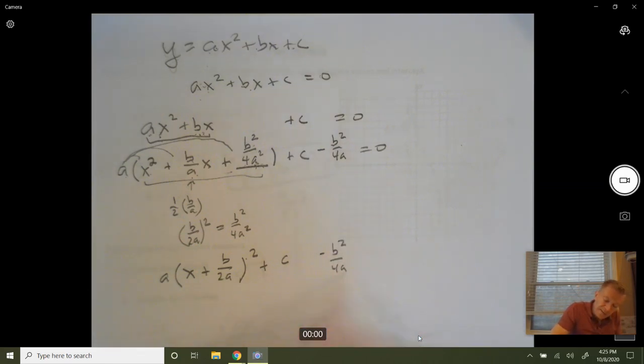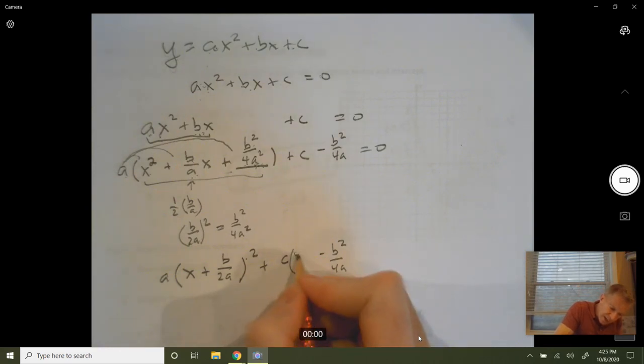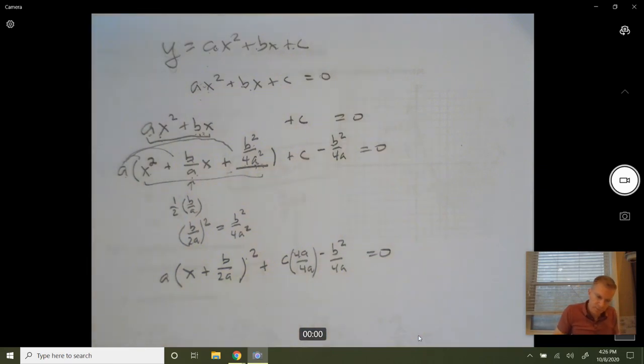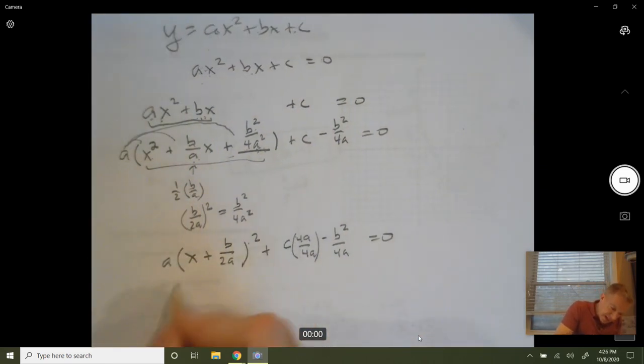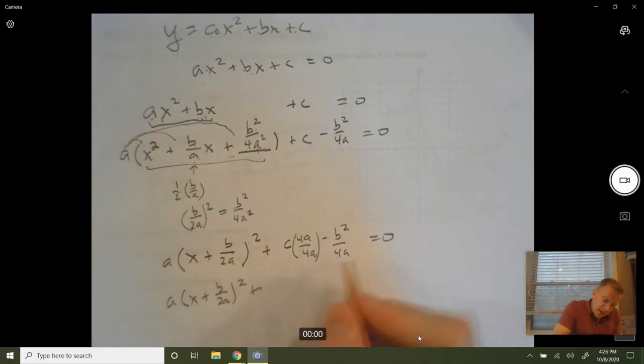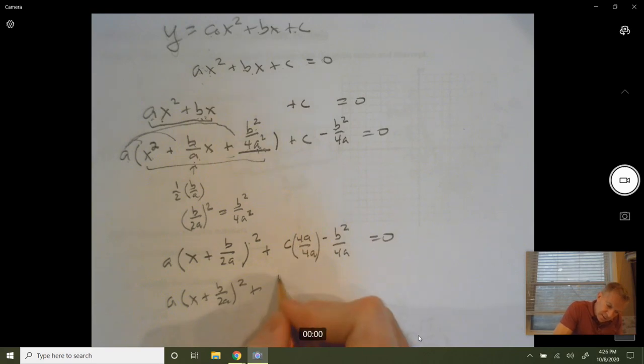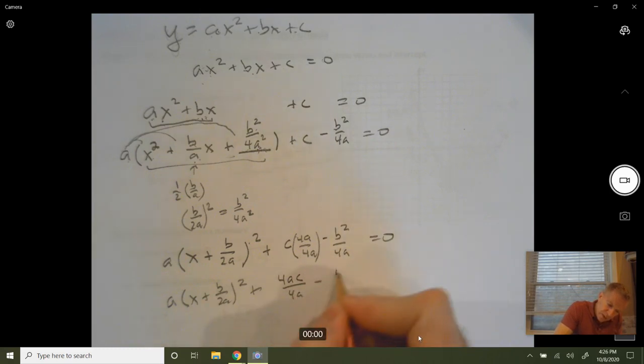I'm going to want to combine these, so let's get common denominators. This gets multiplied by 4a over 4a. So I've got a times x plus b over 2a squared plus 4ac over 4a minus b squared over 4a equal to 0.